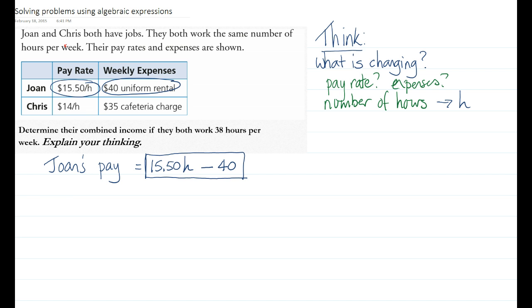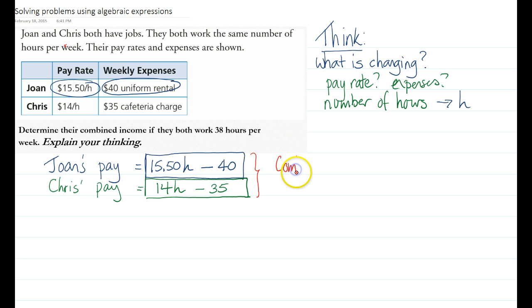Let's now take a look at Chris's pay. Chris only gets $14 per hour, so 14H would be her hourly pay, and she pays $35 in expenses. So this would be the expression for Chris's pay. Now we can add these together to get an expression for the total pay, the combined income, as it's described in the problem.